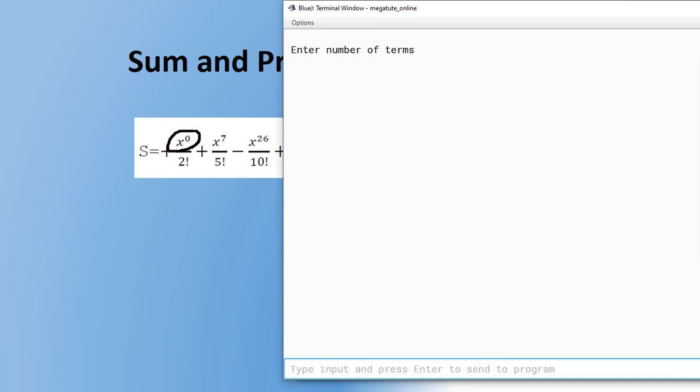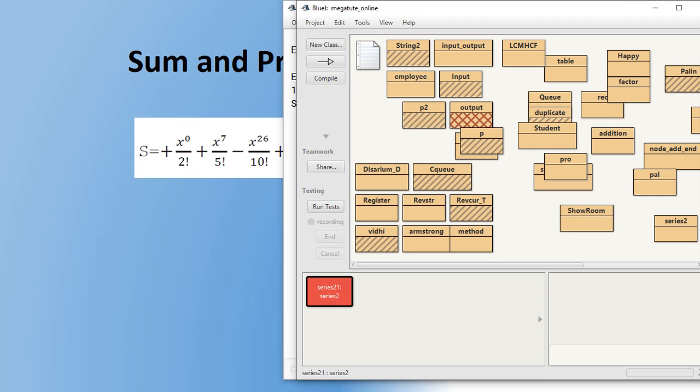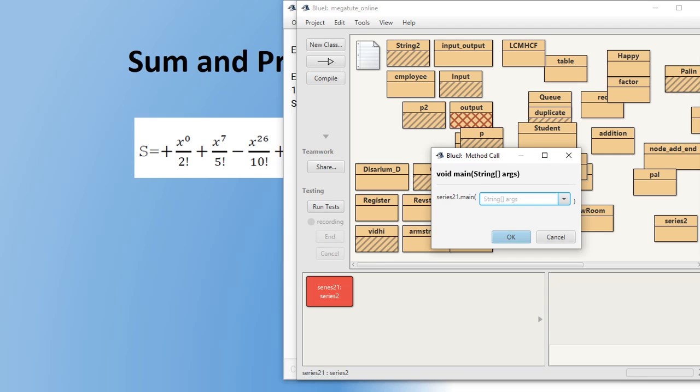Yeah, so if I give number of terms 1 and x also 1, it prints 1 upon 2. x to the power 0 is 1 and factorial 2 is 2, so it prints out 0.5. Okay, now I'll do it for two terms. So I'll go back to the same object and run it.